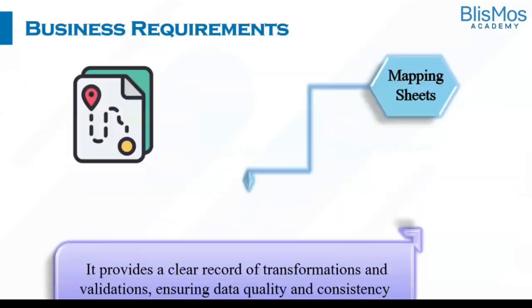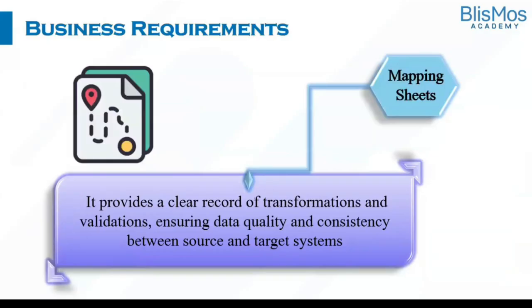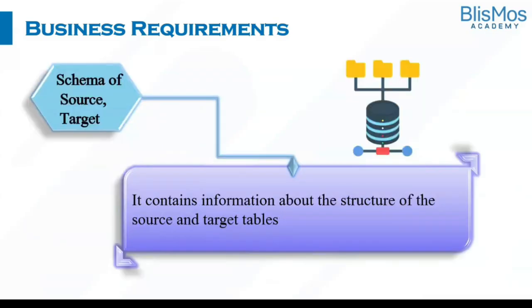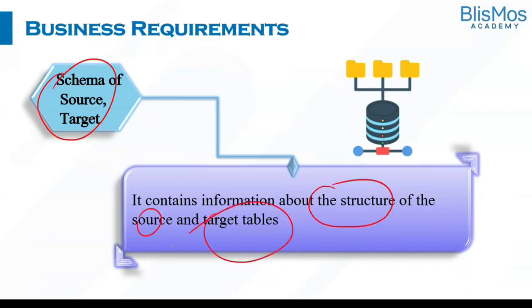In case of mapping sheets, it provides a record of transformations between the source and target systems. In case of schema of source and target, it contains the structure of the source and target tables. Let us understand them in a bit more detail.